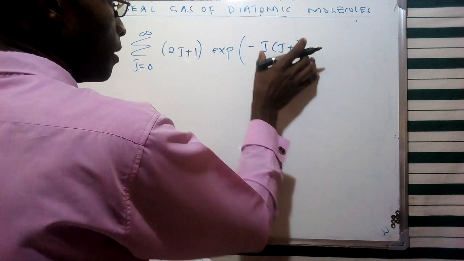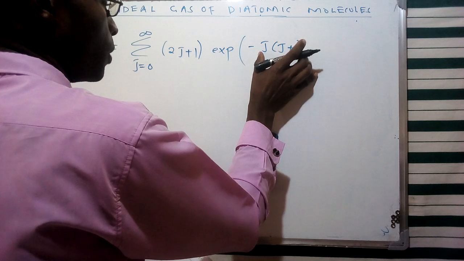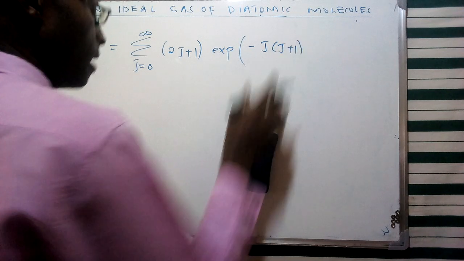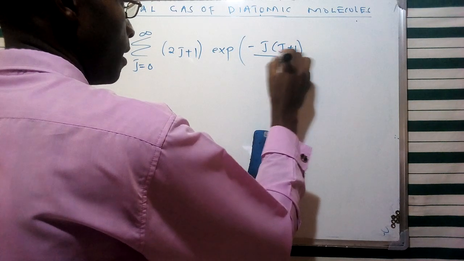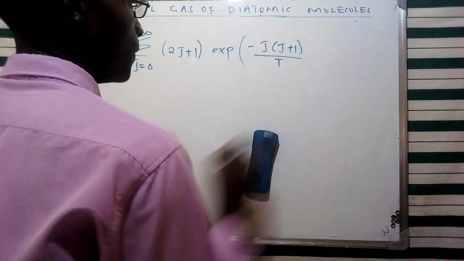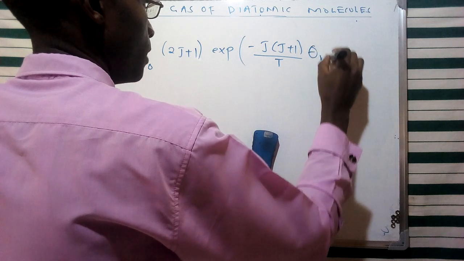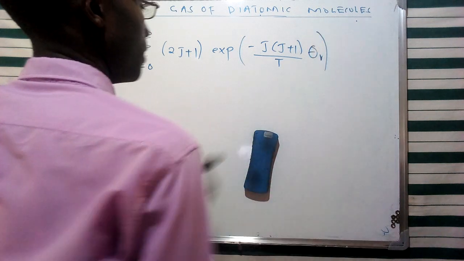And of course, this was a derivation from the Schrodinger's equation by substitution of energy, and we considered the aspect of rotational temperature. So this was given as a division by T, and then we had the rotational temperature given at that specific end.